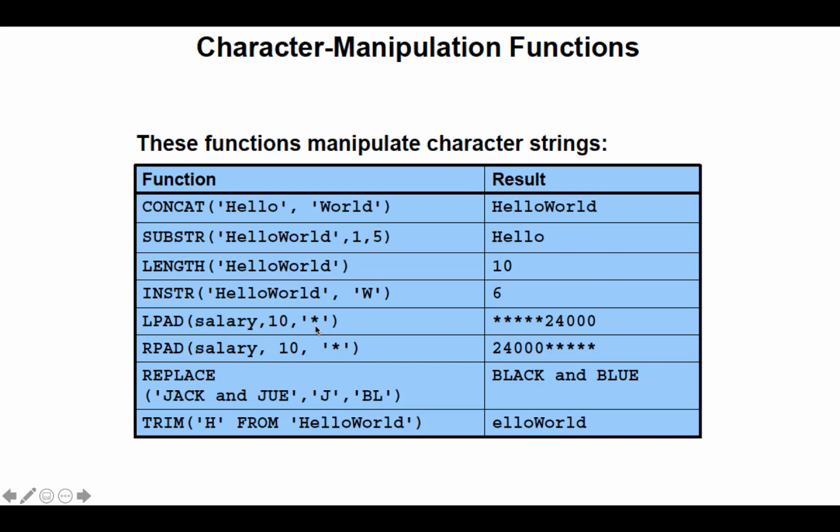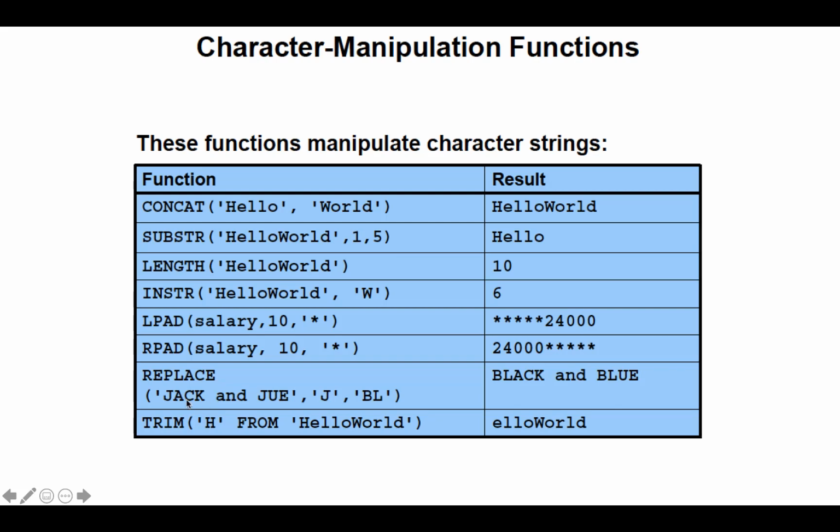Left padding of stars: you can left pad with stars in this way, and you're specifying 10, the resulting string to be of size 10, 1, 2, 3, 4, 5, 6, 7, 8, 9, 10 as expected. So left pad to make it a length of 10 characters, right pad to make it a length of 10 characters. You can right pad with zeros, you can right pad with spaces, it depends.